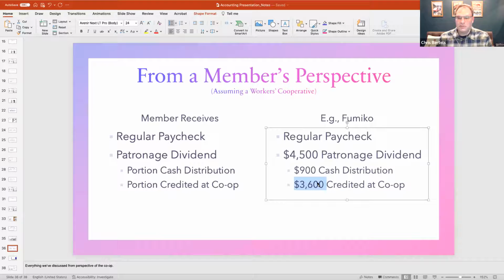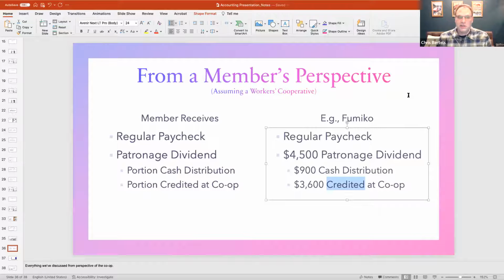In best case scenarios, assuming there's eventually cash, she's going to get this $3,600 in cash eventually. It may be next year, it may be 10 years from now, but she's eventually going to get $3,600 more. And this term credited, that's really just a fancy way of saying that the co-op is keeping track of how much they owe her.